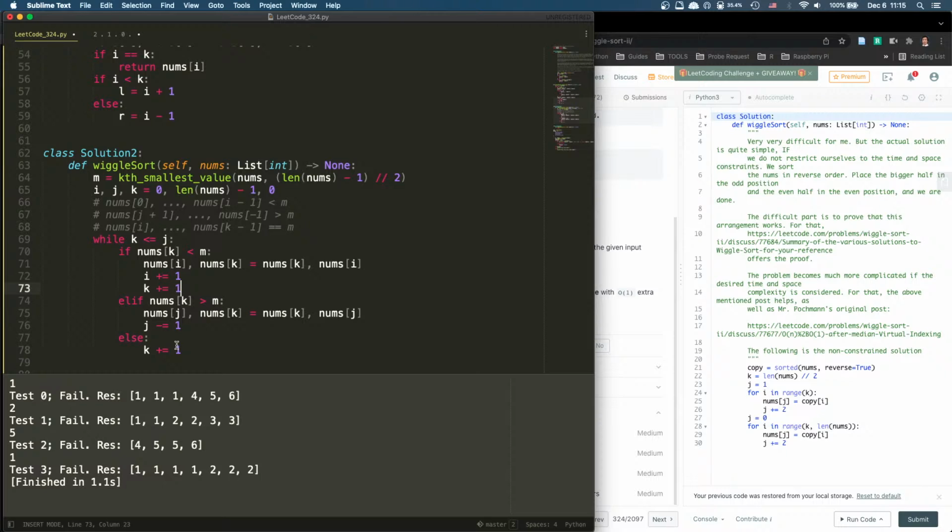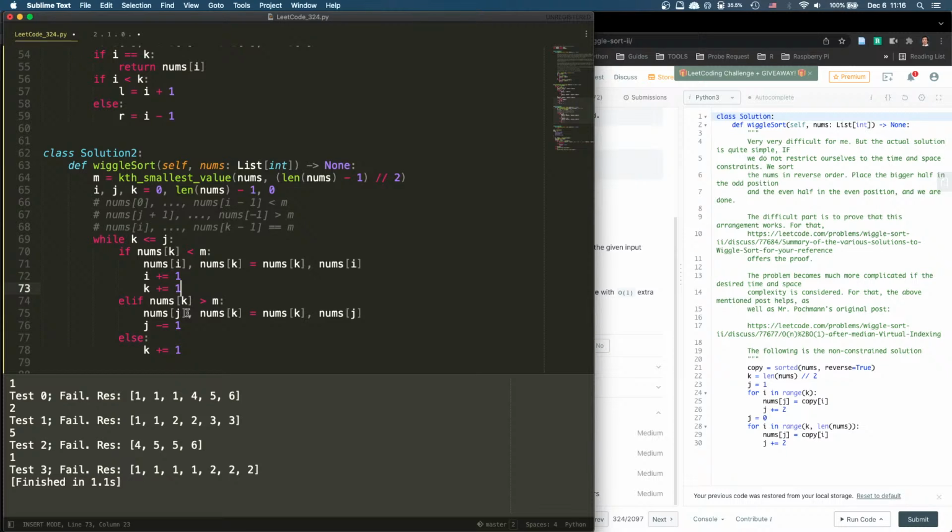Now we break out. If it's larger than m, then we're gonna swap with j. Basically, it's nothing. Then j minus equal 1, and then we break out.